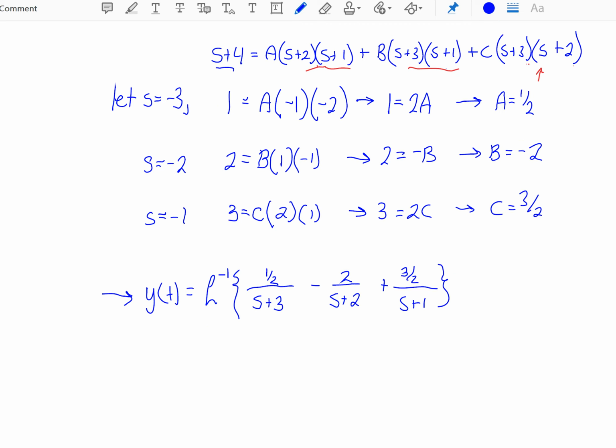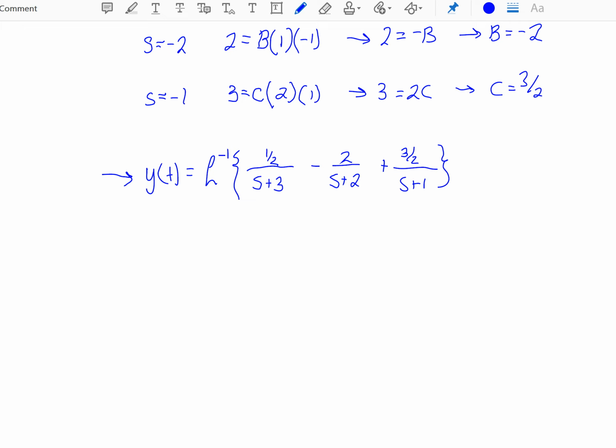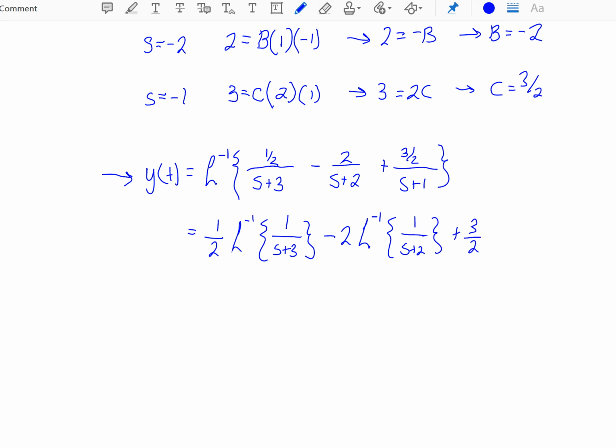Now, since the inverse Laplace transform preserves vector addition and scalar multiplication, we can write this as 1/2 inverse Laplace of 1 over s plus 3 minus 2 inverse Laplace of 1 over s plus 2 plus 3/2 inverse Laplace of 1 over s plus 1.